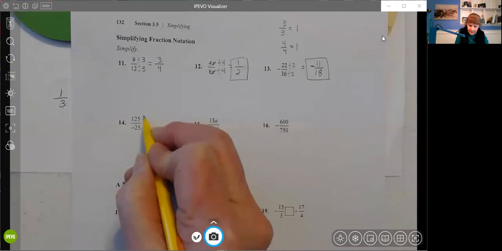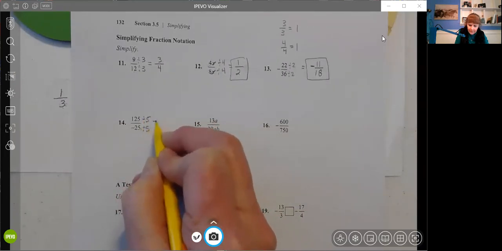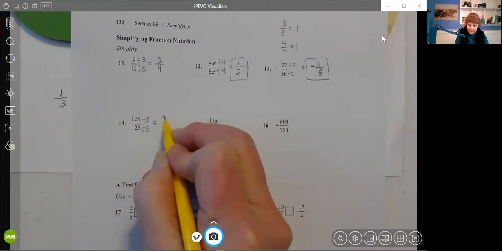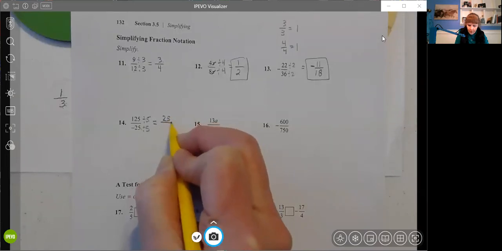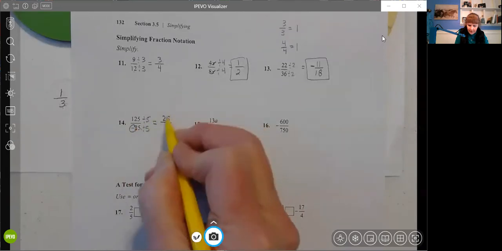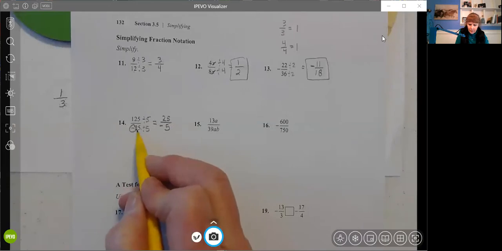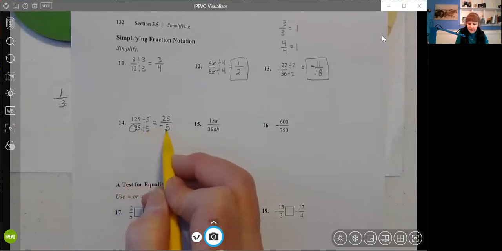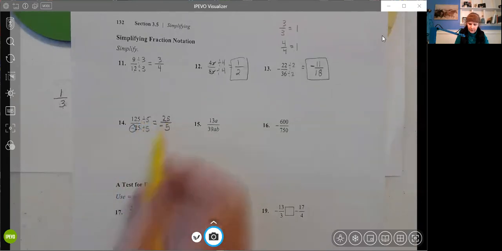So if I divide this one by 5 and I divide this one by 5, I get 25 over -5, because I have this negative here. It doesn't matter where you put the negative. So -25 divided by 5 is -5. 125 divided by 5 is 25.